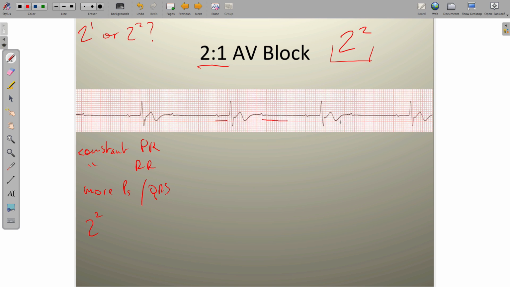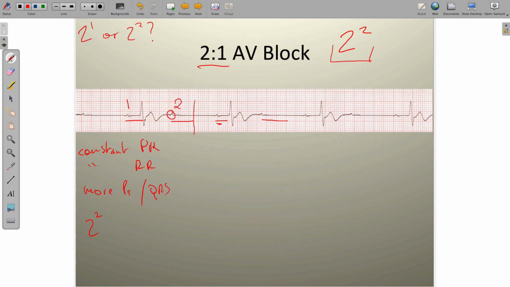So my challenge to you is to think abstractly here and to say to yourselves, is it possible if we start at PR interval number 1, that in fact where this second P wave occurs, this actually is the second P to R interval, and in this area a dropped QRS has occurred.